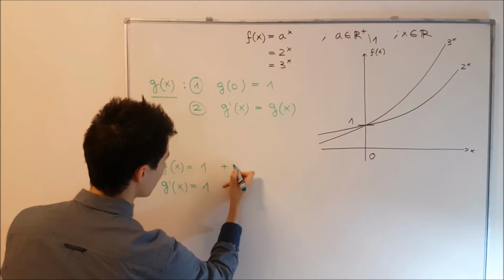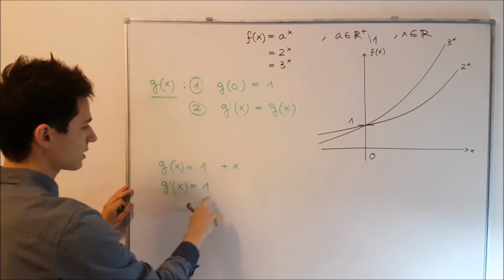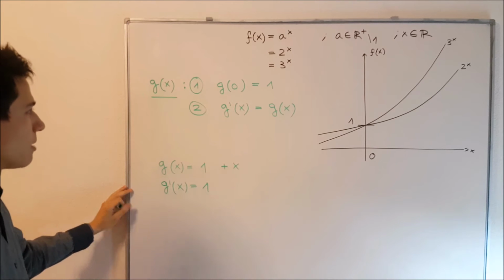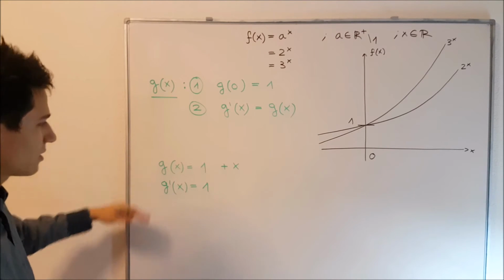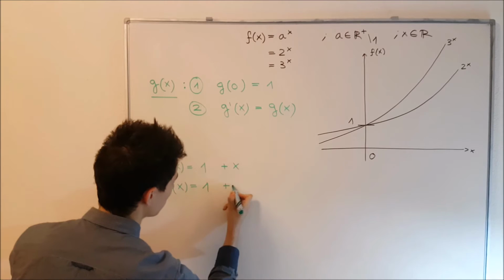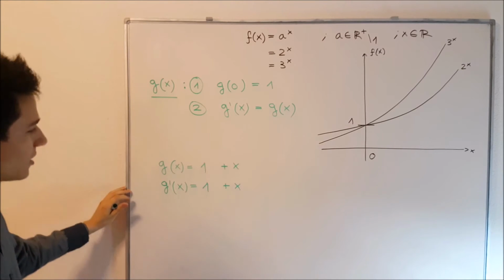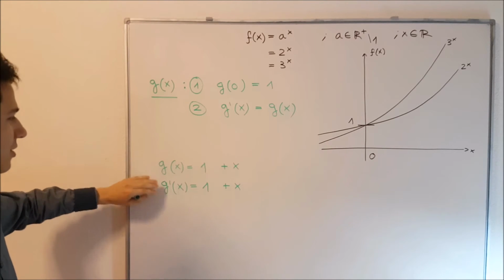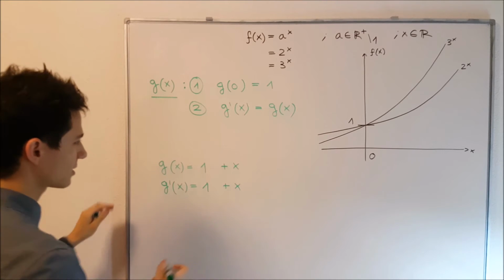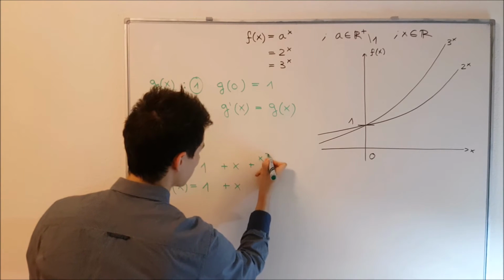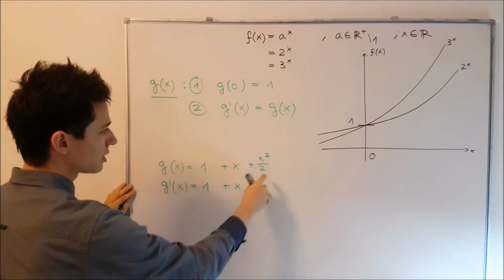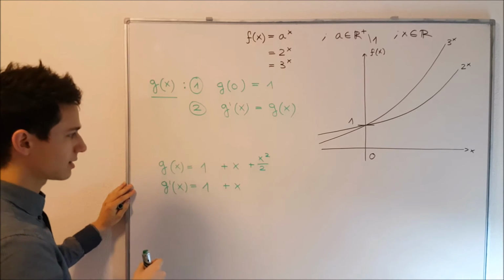And what we do is we add x because the derivative of x is equal to 1. But now the second condition says that these functions again should be equal. And now let's adjust g of x again such that this really is the derivative of g of x. And let's add x squared divided by 2, because the derivative of that will equal x.